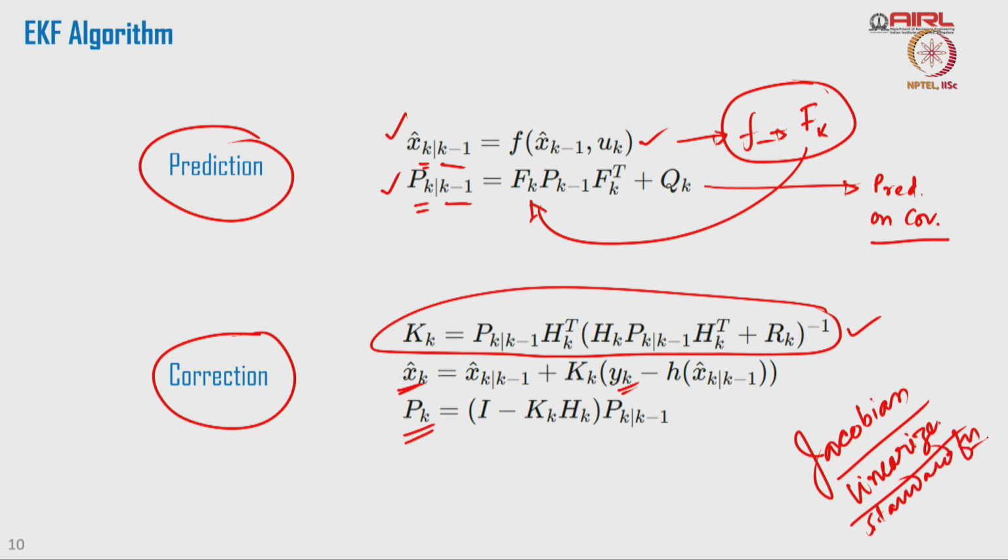So, you can see that the algorithm has similar steps as the Kalman filter algorithm. So, once we get the Jacobian and linearize the system, we can use the Kalman filter gain and then estimate the state and covariance at time step k.